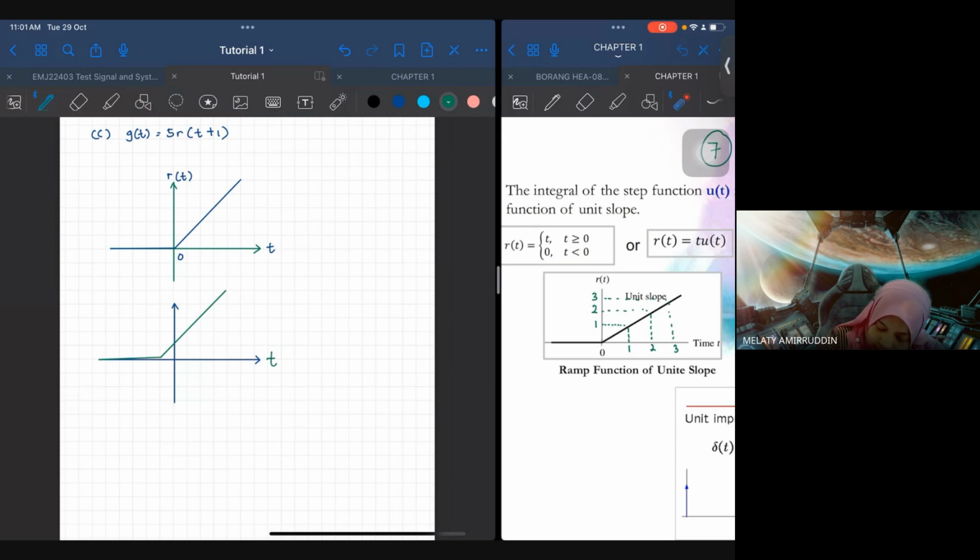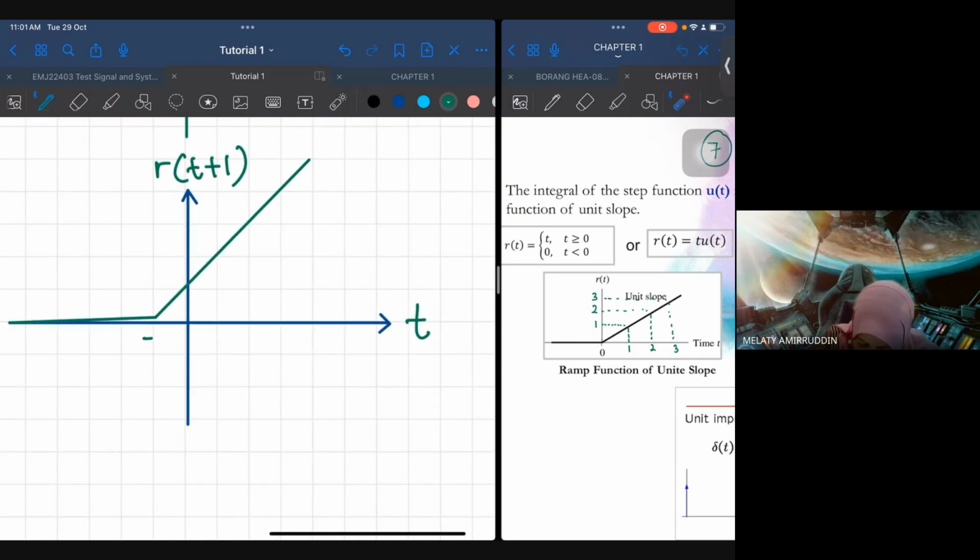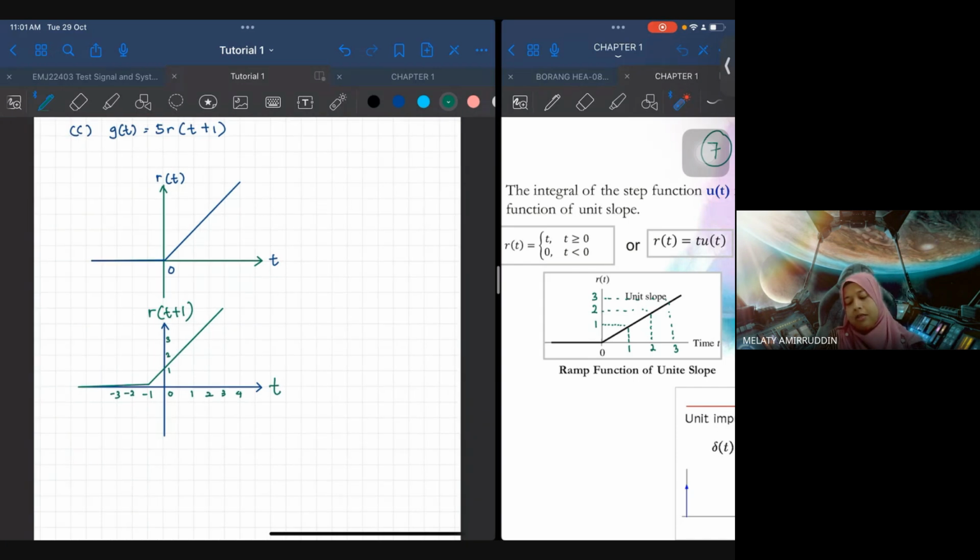This is T. This is RT plus 1. So the signal becomes like this, to the left from 0. This is -2, -3. 1, 2, 3, 4. Amplitude here 1. Then 2. Then 3. The signal becomes like this.